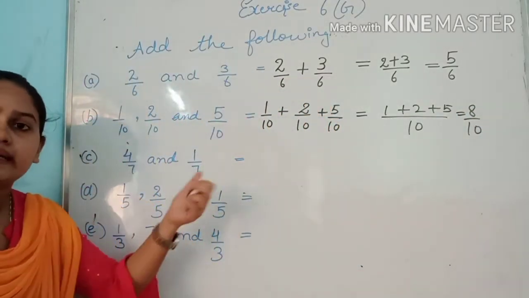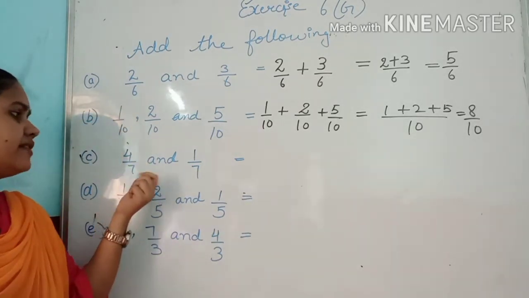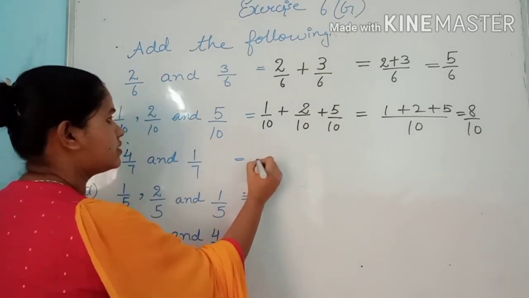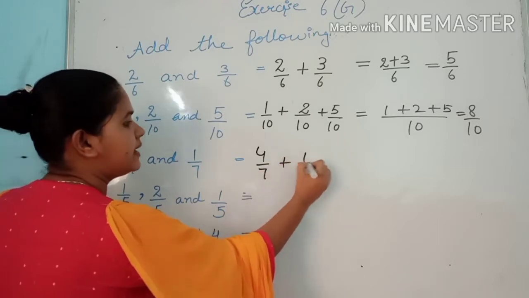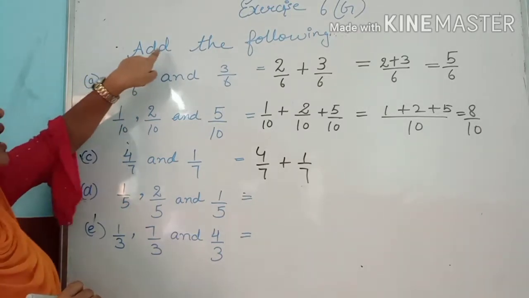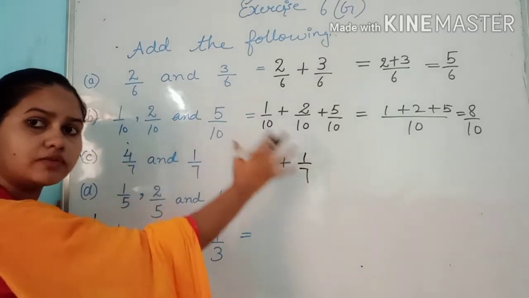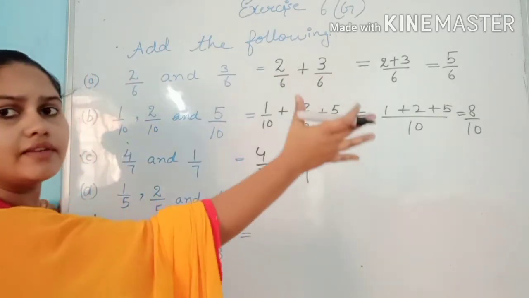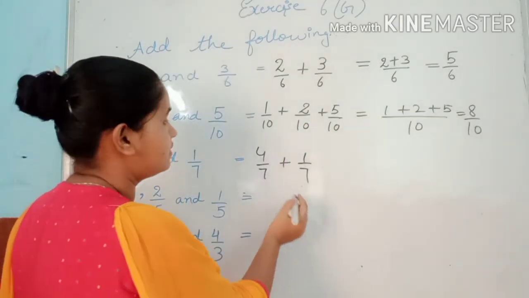8 over 10. Okay students, let's do the next one, 4 by 7 and 1 by 7. Now we have to convert it into the equation. So we have 4 by 7 plus 1 by 7, because in our exercise we have to add the following sums, which are given to us, and convert them into addition.